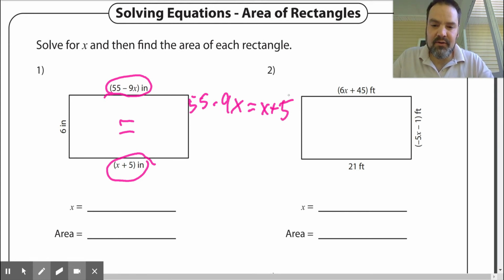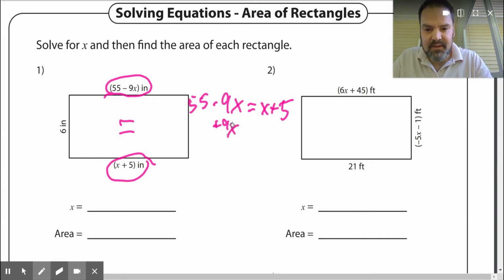So now I can solve that for x. I can do that in a couple ways. I like to keep my x's positive, so I'm going to add 9x here. And if I add 9x here, then I get 55 is equal to 10x plus 5.